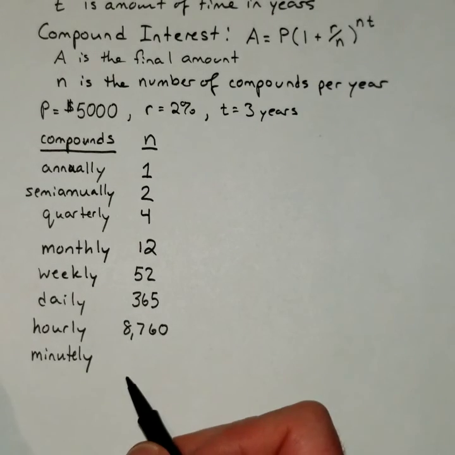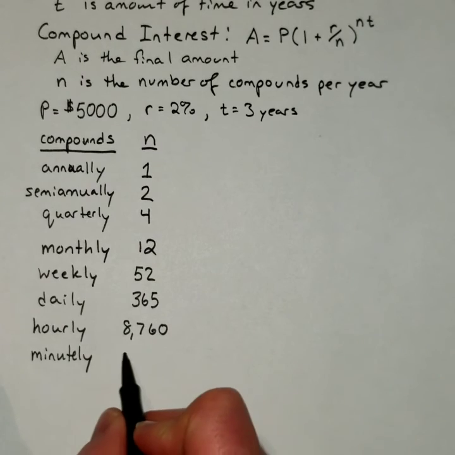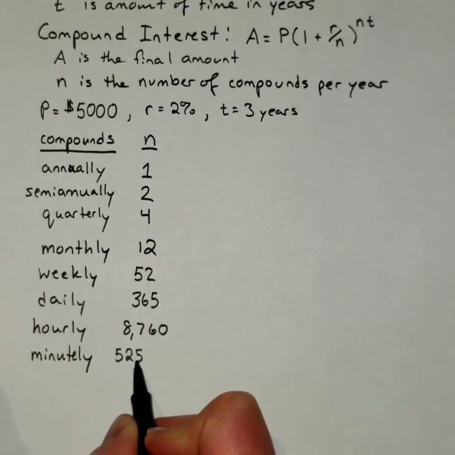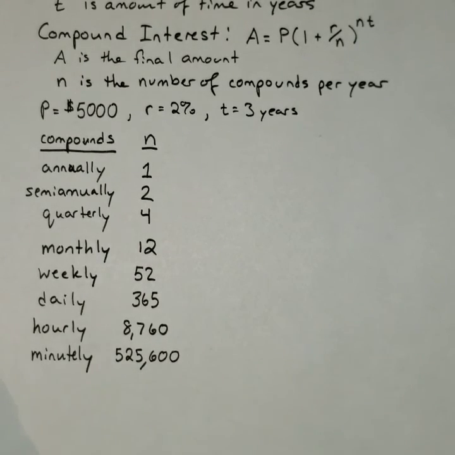Take that previous number, multiply it by 60, and you should get 525,600. Double check and make sure those are right. 365 times 24, 8,760. Multiply that by 60, and yeah, those look good.